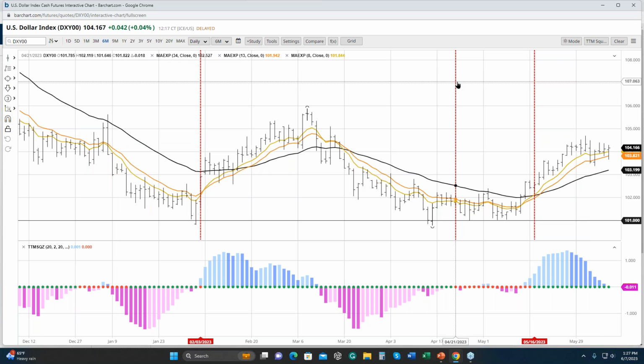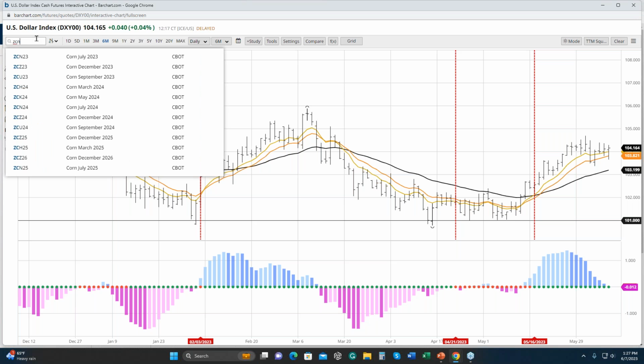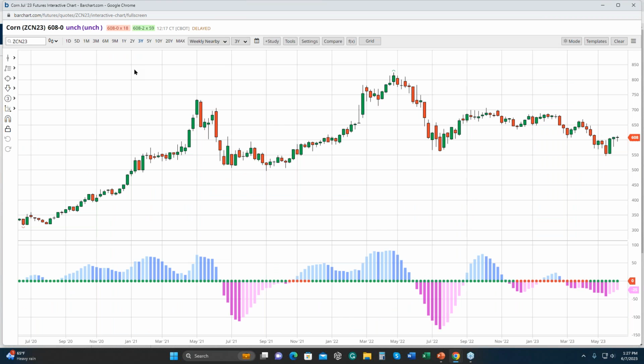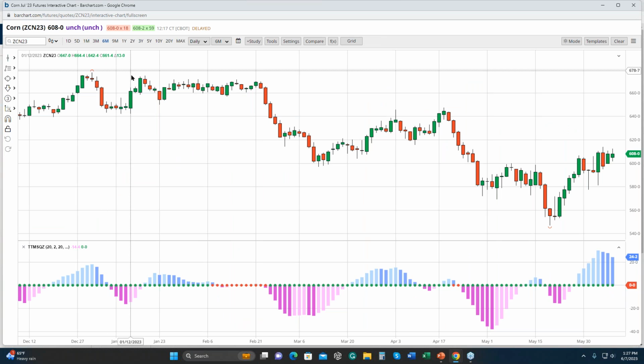All right, so let's look at another example. And this is that example of multiple time frame analysis. So I've gone to corn here, and what we see here is we got a squeeze setup, we got the firing, we have our histogram below.